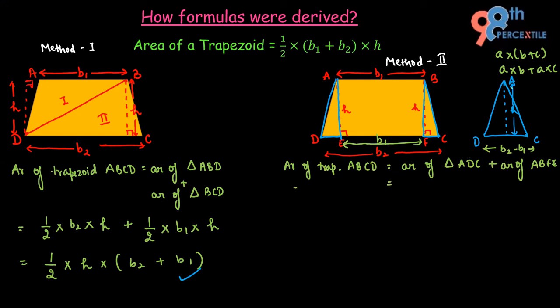So area of this triangle ADC will be half times base, which is B2 minus B1, times the height, which is h, plus the area of rectangle ABFE. ABFE is nothing but length times width.